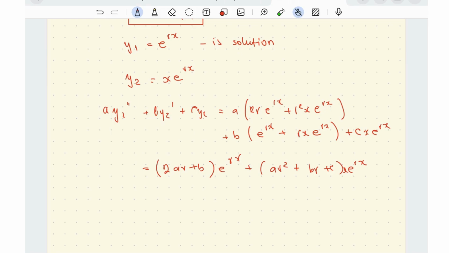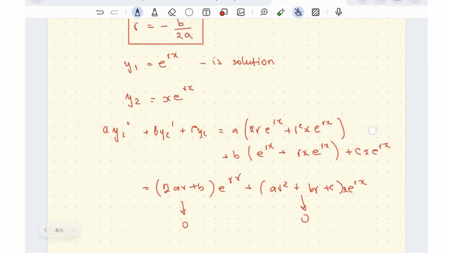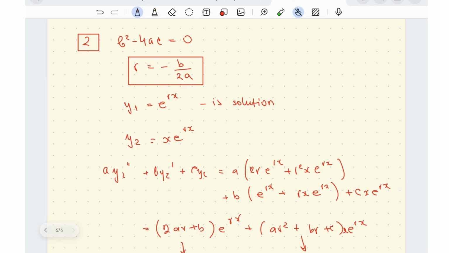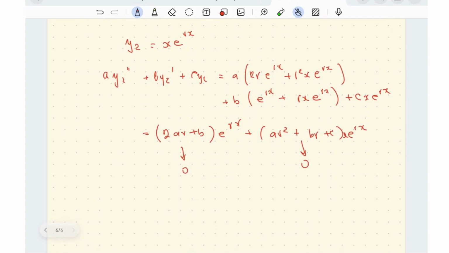Now we know that this is 0 and this is also 0, because b squared minus 4ac is equal to 0, so r equals minus b over 2a, or if you want, 2ar plus b equals 0. So both of them are 0.